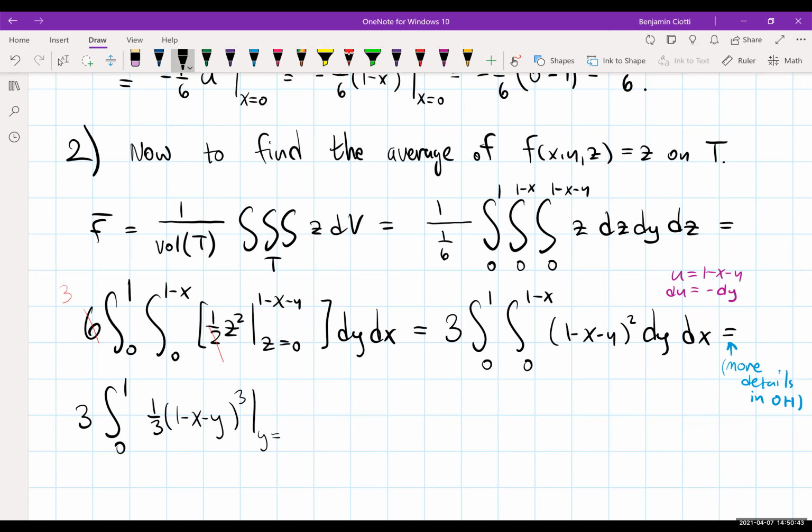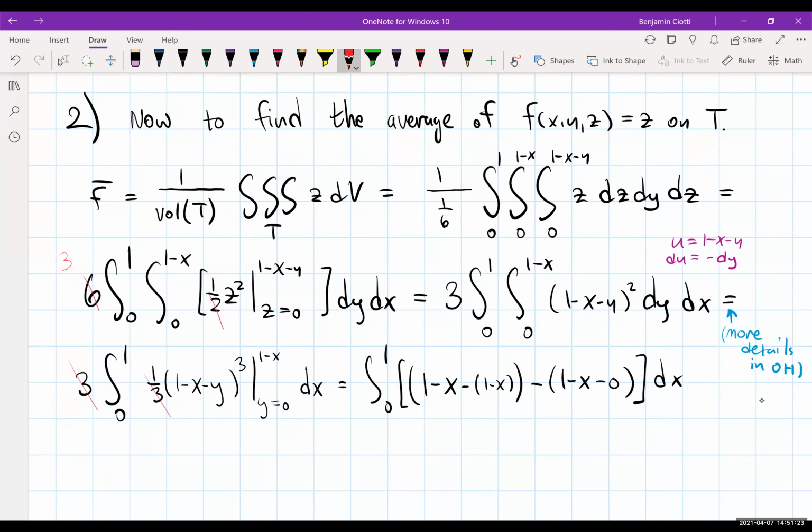Okay. So let's see, this goes from y equals 0 to 1 minus x. And let's see, cancel the 3. What do we get? 1 minus x minus, minus 1 minus x. And 1 minus x minus 0.